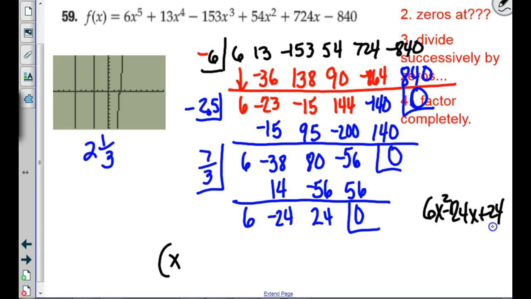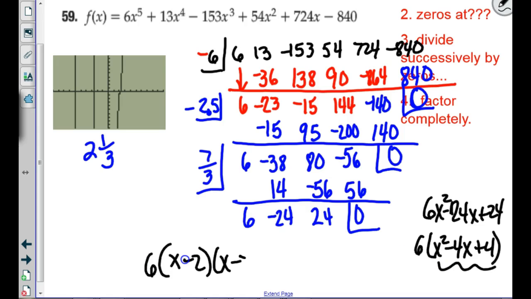What can I take out of all those? A 6, which would be x squared minus 4x plus 4. Okay. So I have a 6, and here this would factor x minus 2 and x minus 2. Which means positive 2 is a 0.